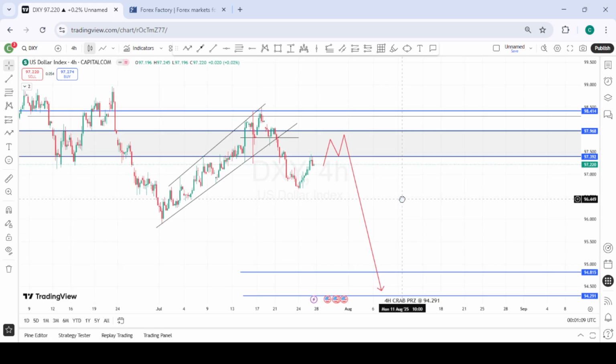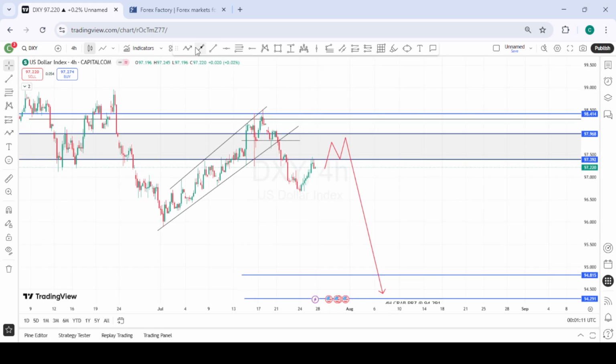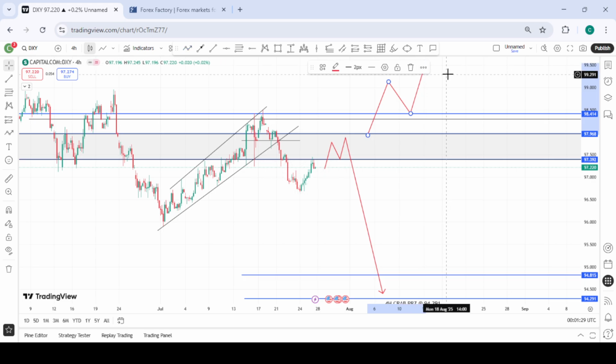This sell will be invalidated if price breaks above this zone and this weekly structural point and closes above it, then we have DXY shifting bullish. So let's pay attention to that.